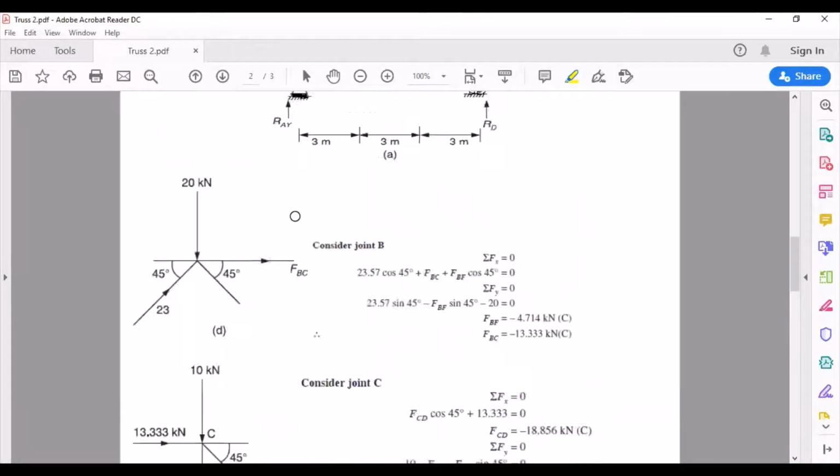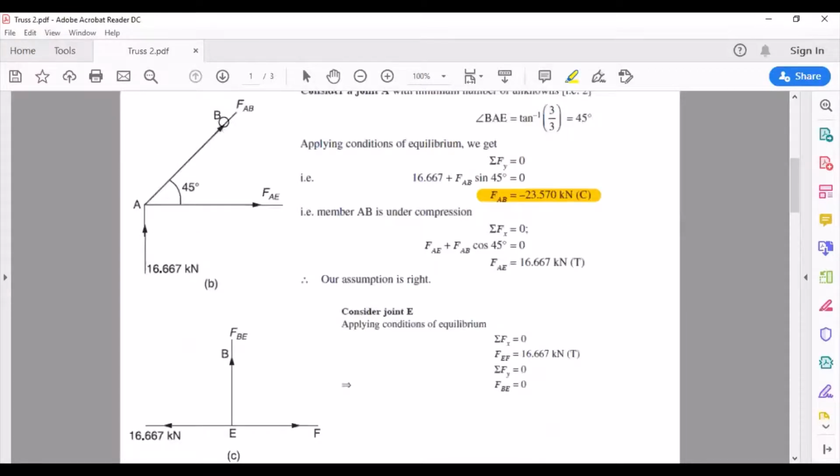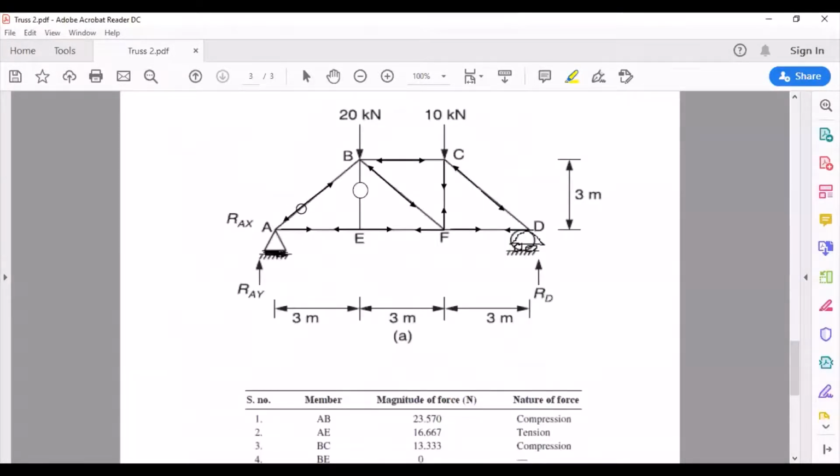Whereas for member AB, what had happened? This direction was towards A, because it had come with a negative sign. So I'll show it towards A, and at the other end B, there also it will be towards B's joint. You can see either both will be moving away from each other, or both will be moving towards each other. It all depends on your calculation.